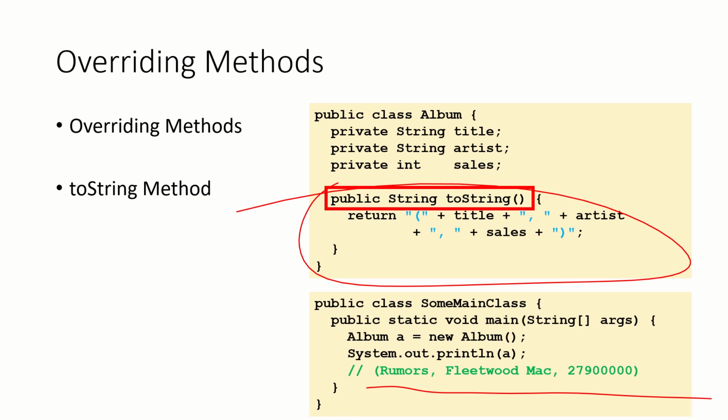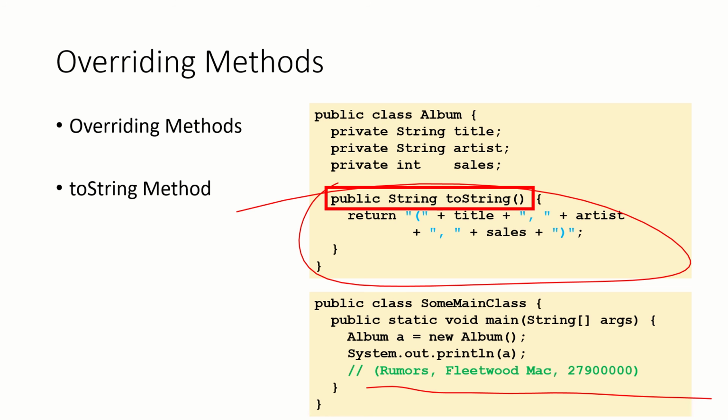And the class Object has two very essential methods. One is toString, an empty one. One is equals, an empty one.